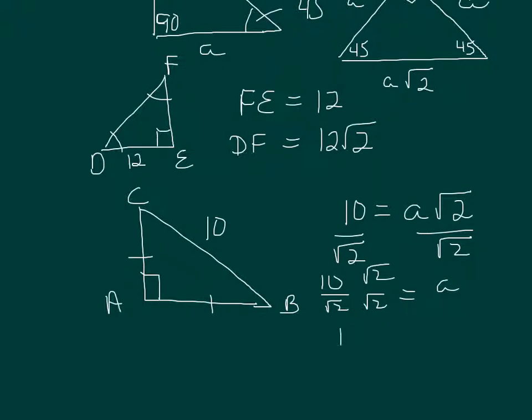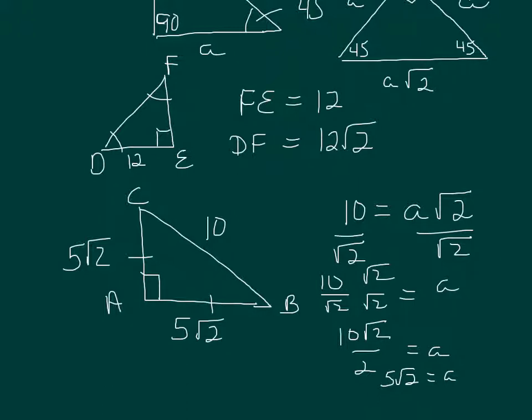So we get 10 square roots of 2 over 2. So what is A? 5 square roots of 2. So just because you see that square root of 2 on a side of a right triangle does not necessarily mean it's a hypotenuse. Notice here the hypotenuse was 10.